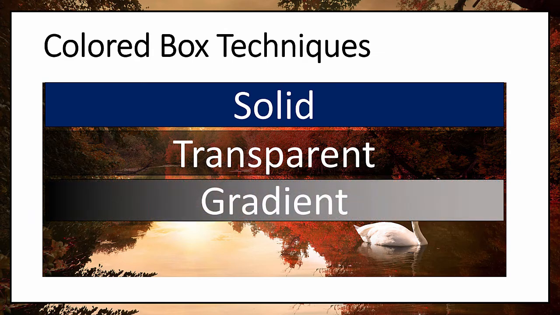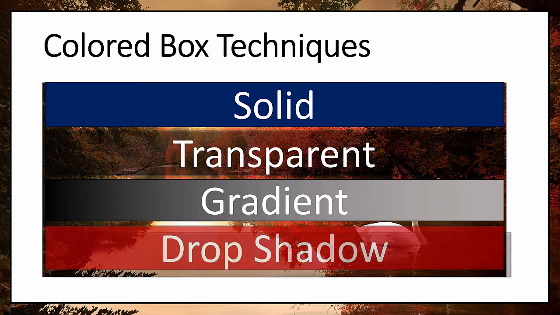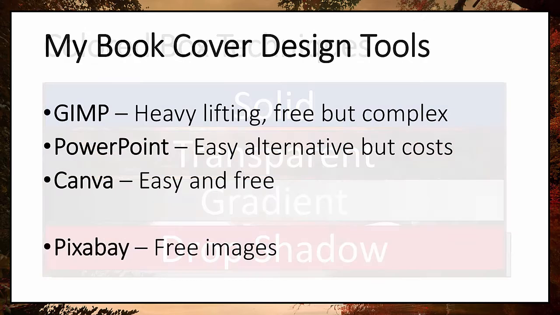Another option is to do a gradient, where you go from one color to another. And the final option is to do a drop shadow. Here you can just barely see my drop shadow, but trust me, there is one. You do this by putting a darker box in the background and making it transparent, by offsetting it just a little bit too. So there are some box creation techniques.